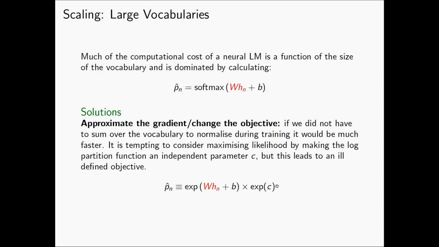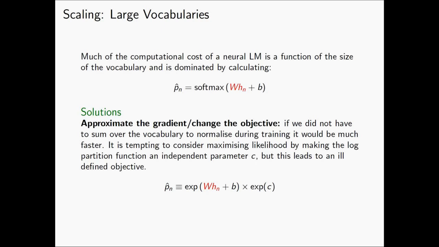Remember, the denominator is a sum over the whole vocabulary. And I've just summarized that by saying it's exponentiated of some variable c. Now, in reality, c is defined as the sum over all of these numerators. But we could be tempted to just decouple them and say these are different parameters in our model and let's optimize them separately.